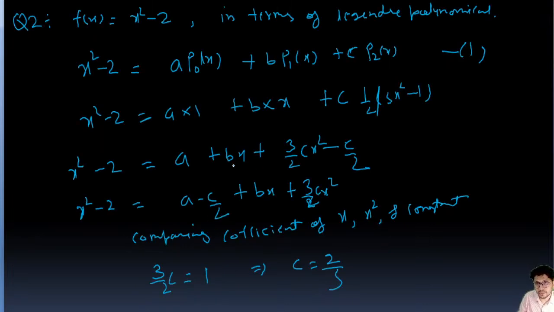Next, again we'll compare: bx equal to, there is no x term, right? So b equals 0, because there is no x term.